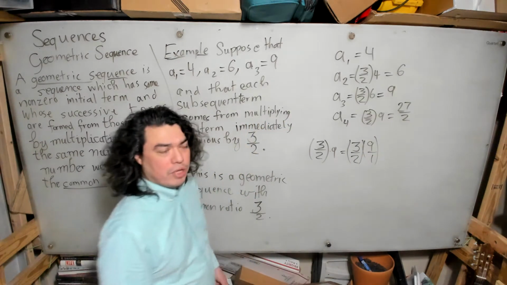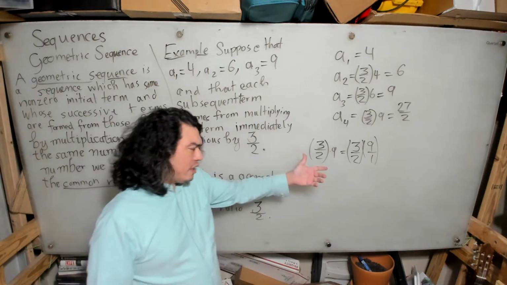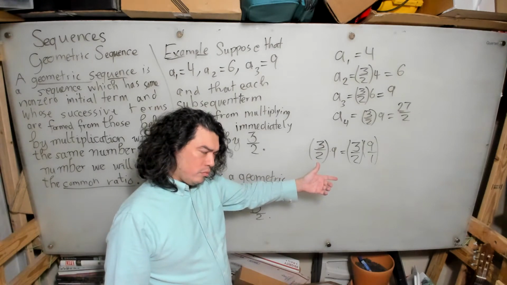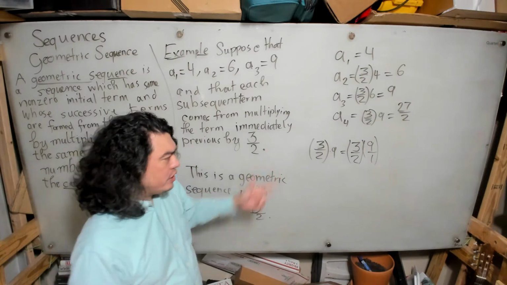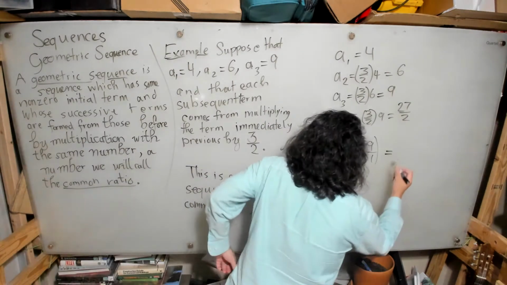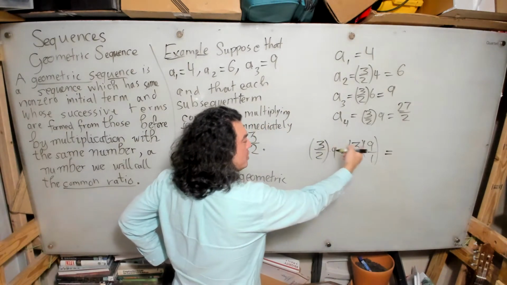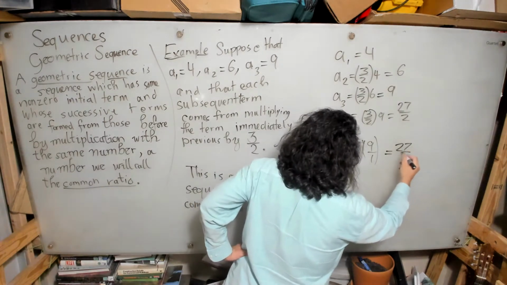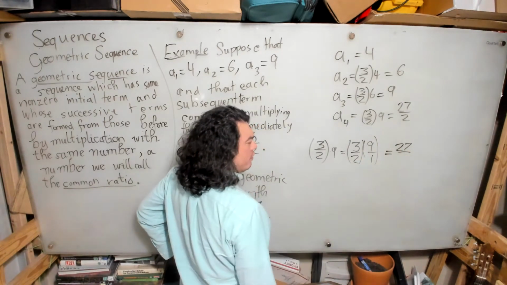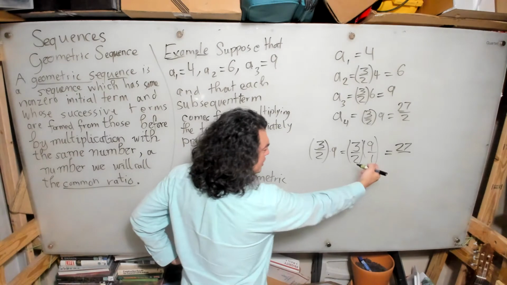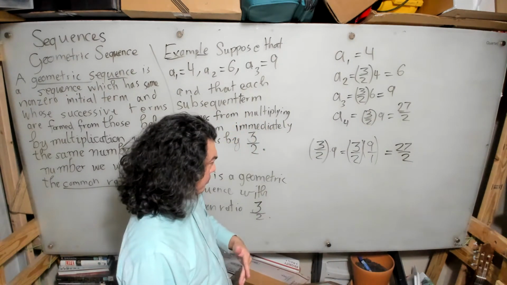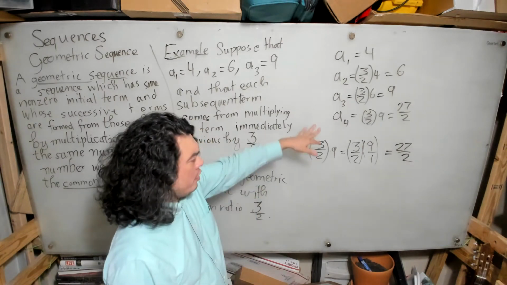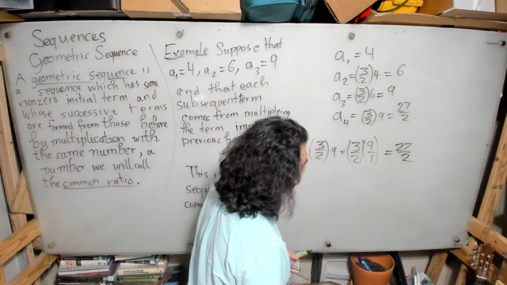Now we can do the multiplication. We know that to find the product of two fractions, we form the fraction whose numerator is the product of the numerators of the two fractions being multiplied. So 3 times 9 is 27. And whose denominator is the product of the denominators of the fractions being multiplied, in this case 2 times 1, which is 2. So you can see that that's in fact the fourth term of this sequence.